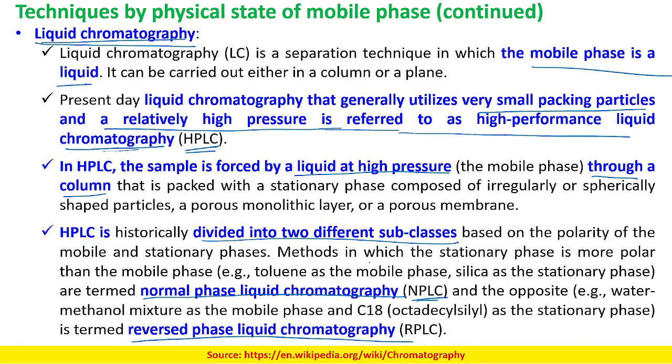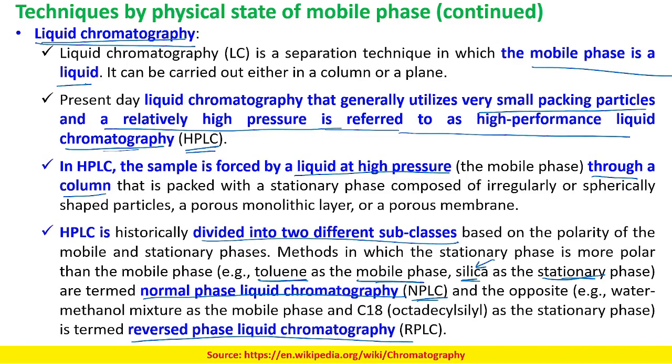So in NPLC we have toluene, just as an example, which is hydrophobic in nature, as the mobile phase, and silica as the stationary phase. Silica is hydrophilic in nature, and toluene is hydrophobic in nature. So in NPLC we have a hydrophilic stationary phase and a hydrophobic mobile phase.